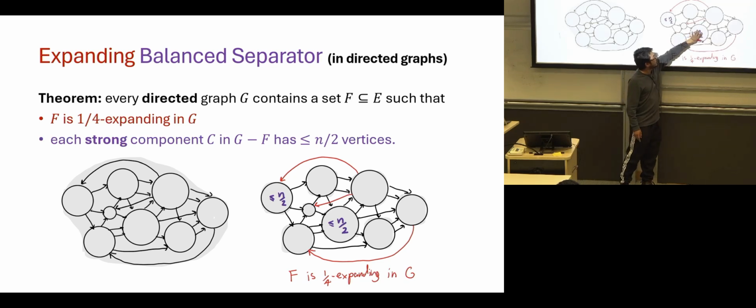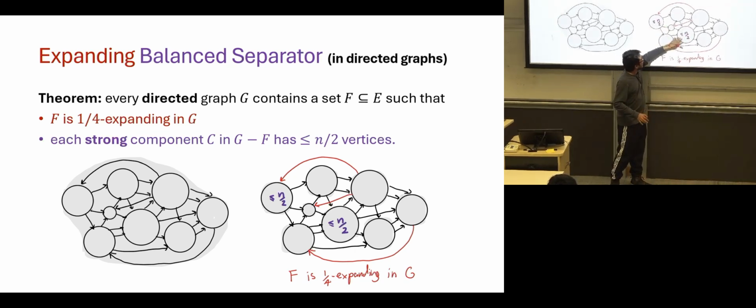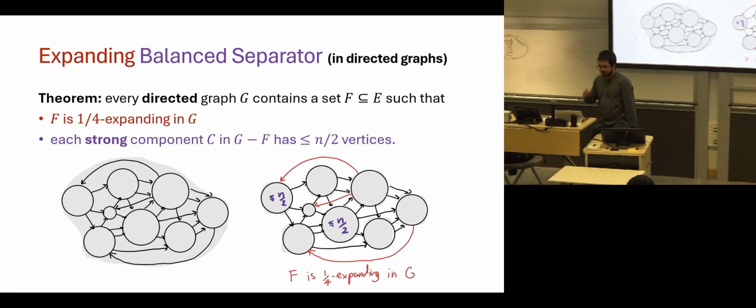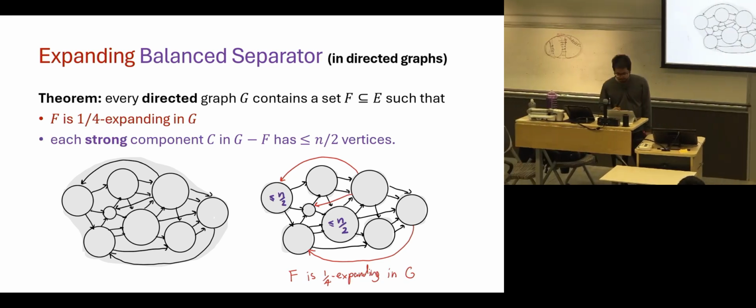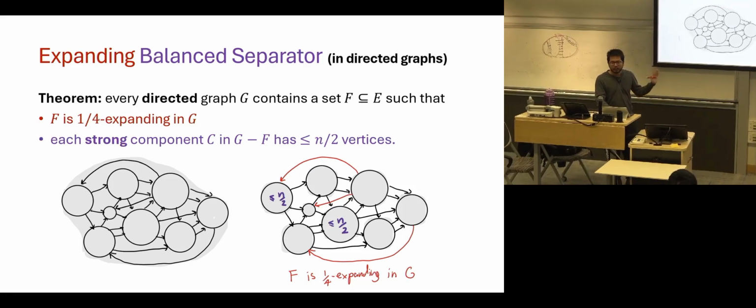Each component should be less than half. The component might not be expanding, right? It's just some strong component. You get a DAG of small components, but F itself is expanding in the whole graph. So I hope that this picture is clear.